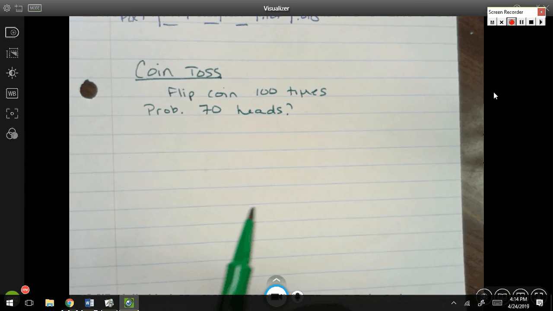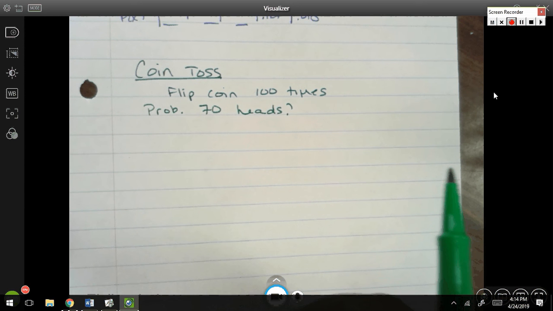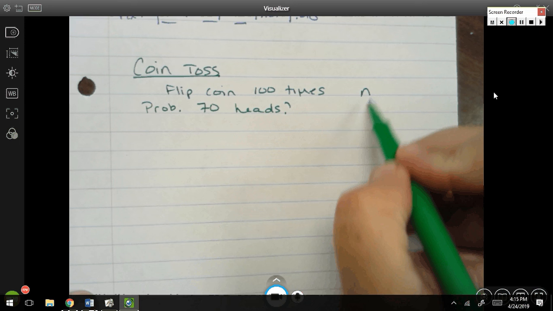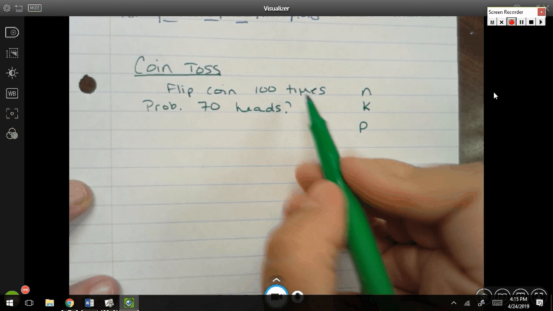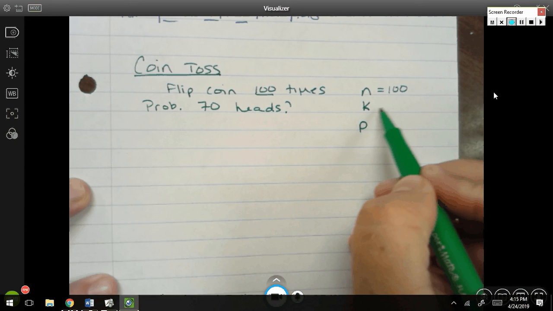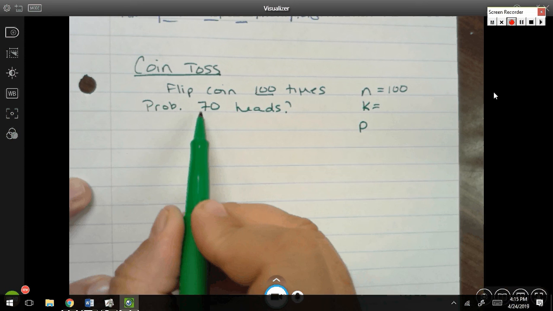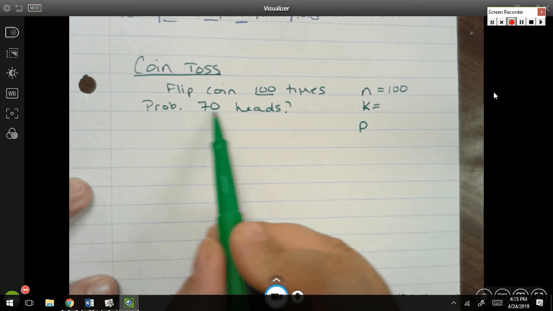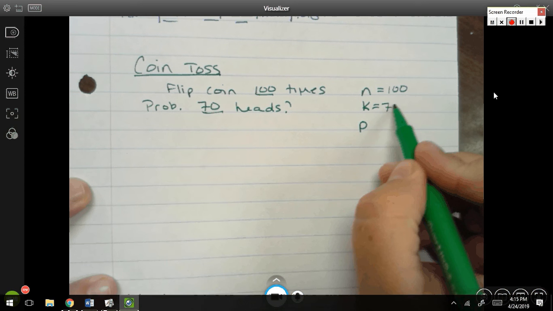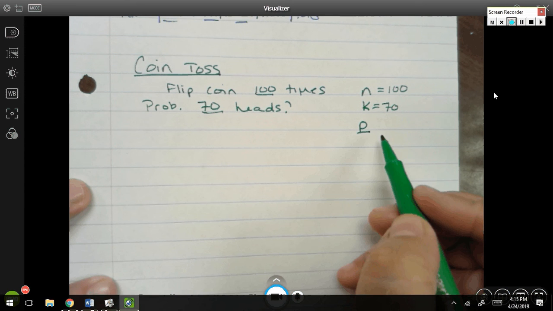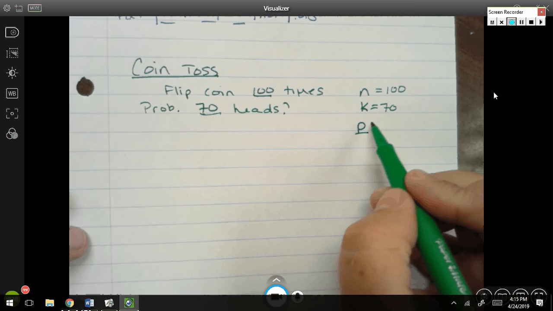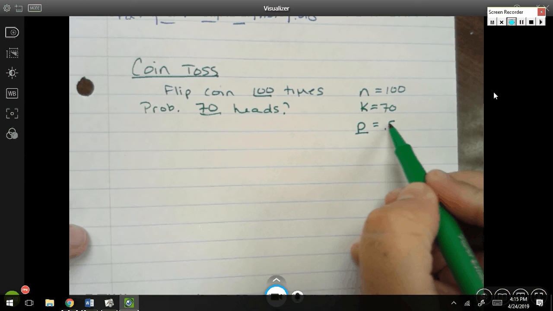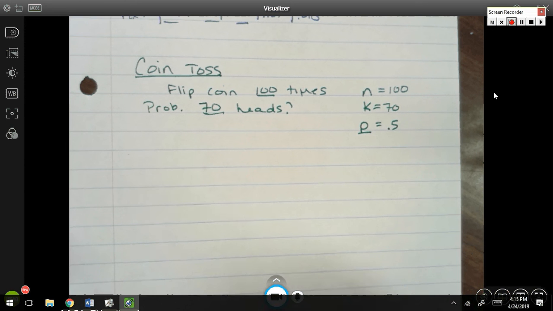Okay? So we need to define a couple things. We need our n, we need our k, we need our p, right? If I'm flipping it 100 times, then my n is 100. My number of successes that I want, 70, right? And my probability of success, well, if you flip a coin, what's the probability that you get heads? It's a 50-50 chance, right? So 50%, 0.5. All right, so I'm going to plug in my little formula.